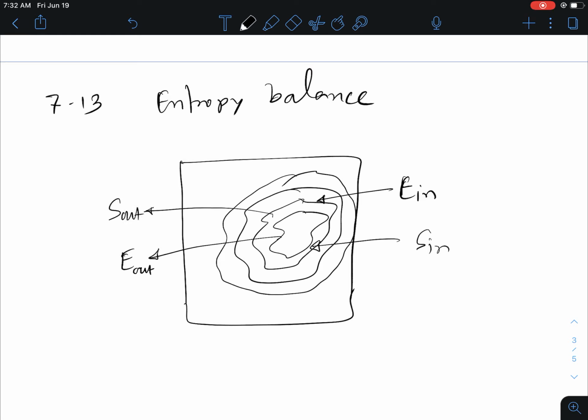And then the total entropy generation, S gen, is always a positive quantity. There is no way that it will be negative.